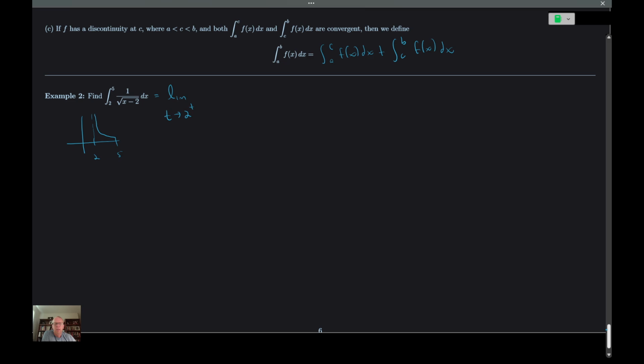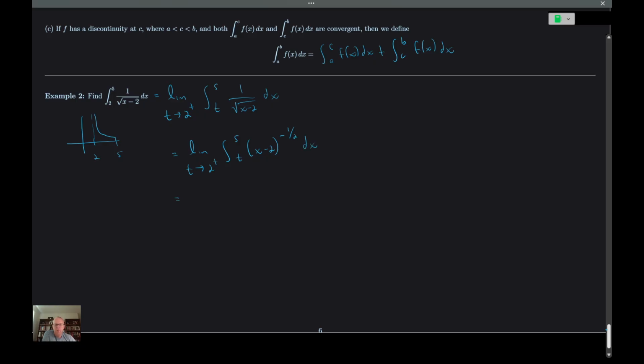And so that's the idea. So we'll evaluate this from t to 5, 1 over square root x minus 2 dx. And if you like, so this is a simple integral, but you might want to rewrite it before you try to integrate. So let's make it x minus 2 to the negative 1/2 dx.